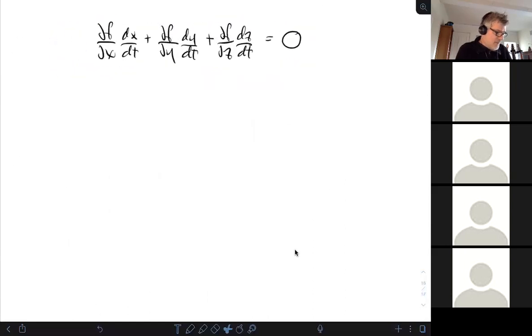So this is what I got. So evaluate at t equals 0, and then the partial derivatives will be evaluated at x bar.